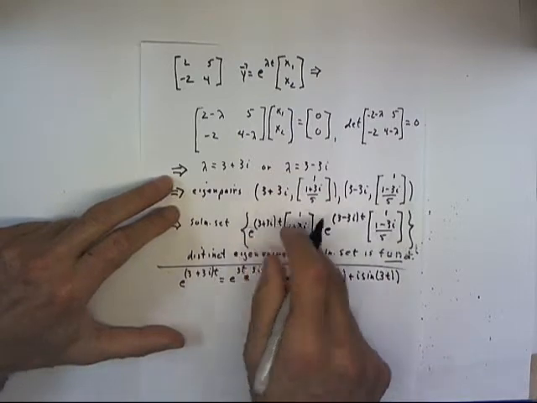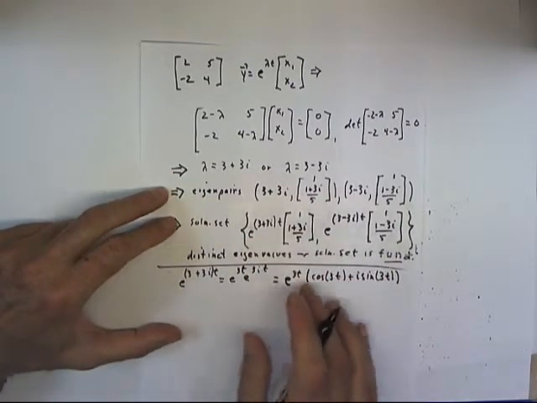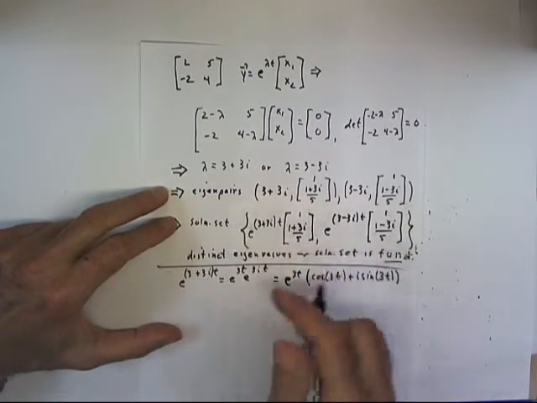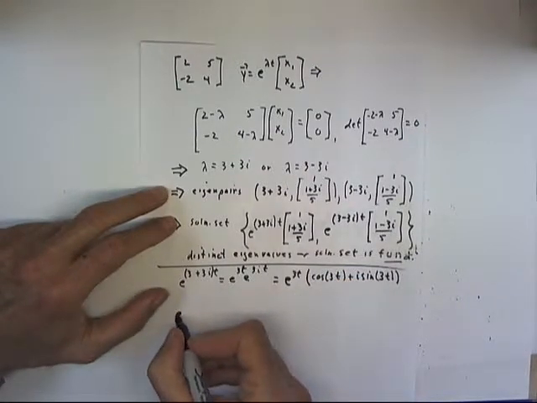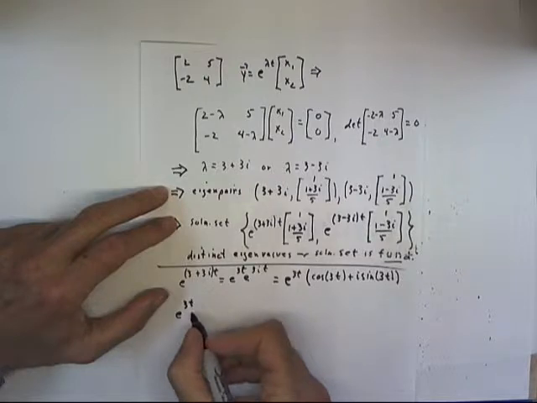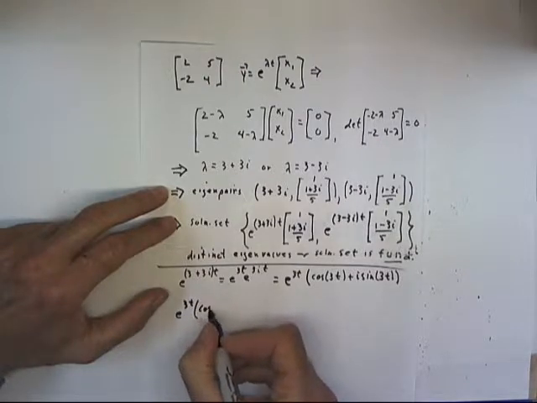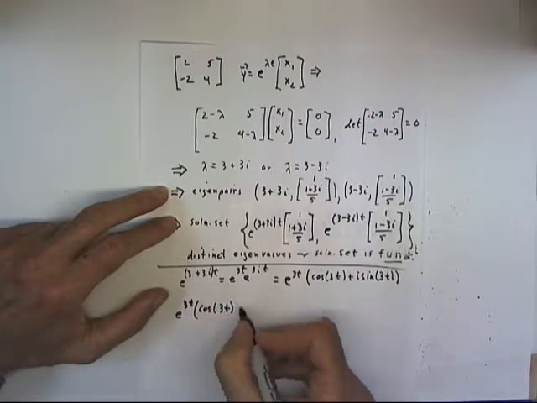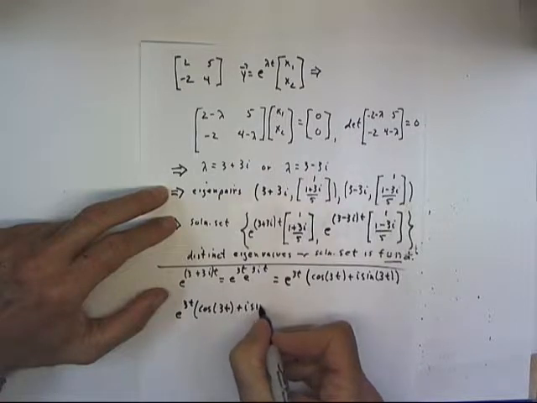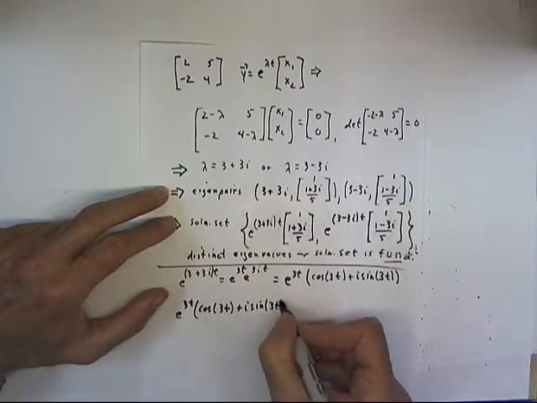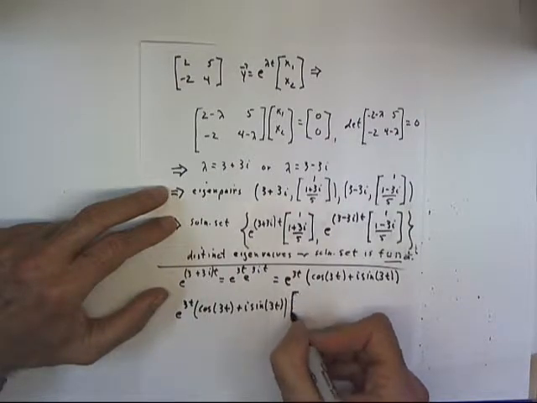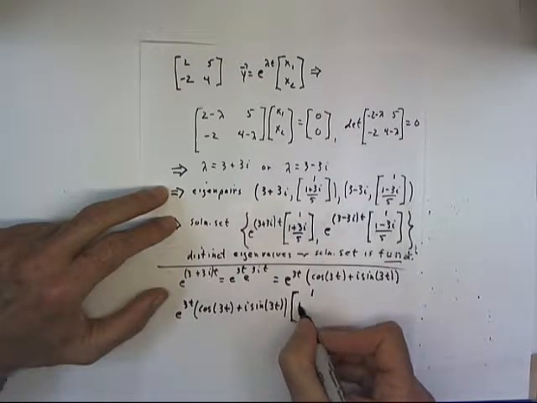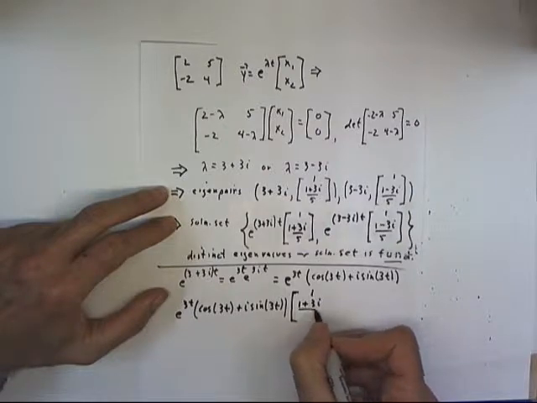So this first solution is going to be e to the 3t multiplied by the cosine of 3t plus i sine of 3t, multiplied by the vector (1, (1 plus 3i) over 5).